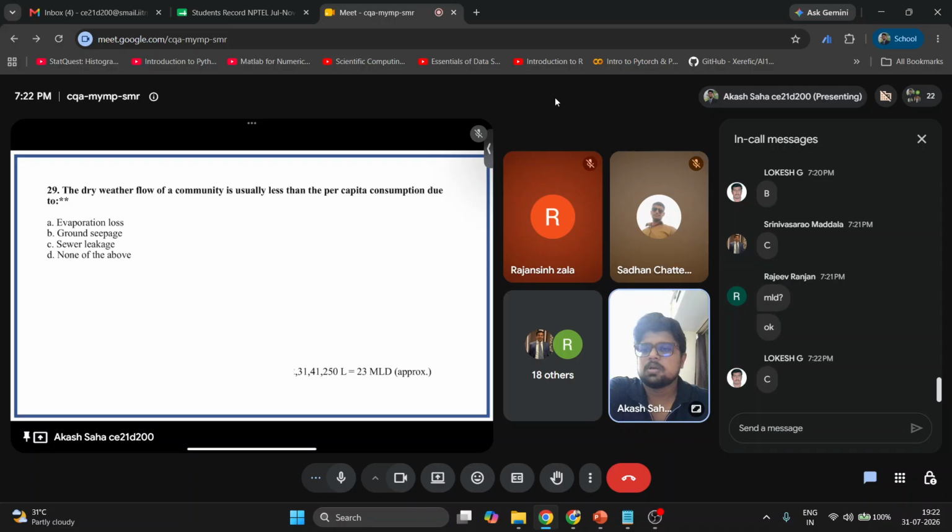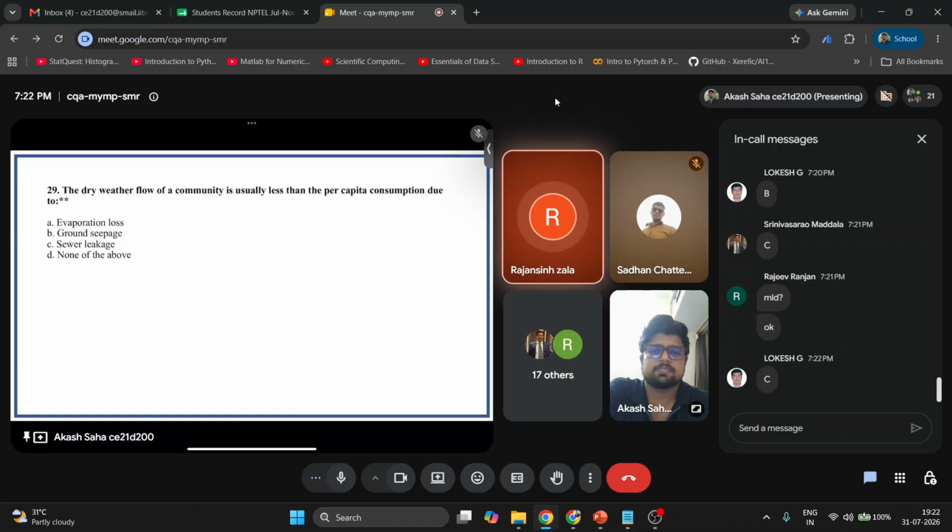The dry weather flow of a community is usually less than the per capita consumption due to: evaporation loss, ground seepage, sewer leakage, none of the above. D. None of the above. Okay, others?